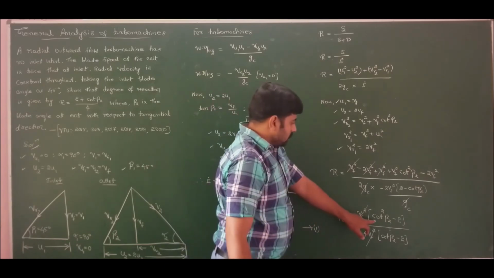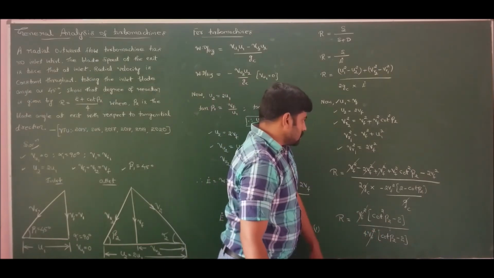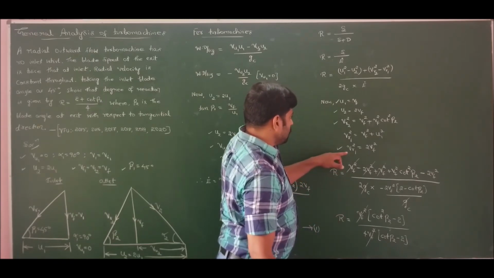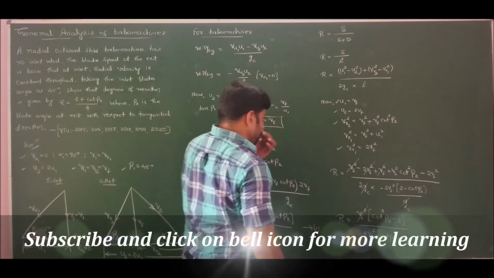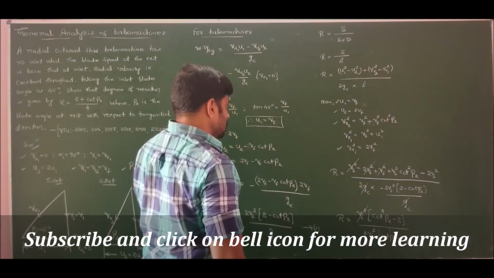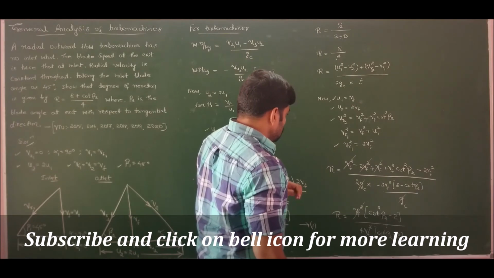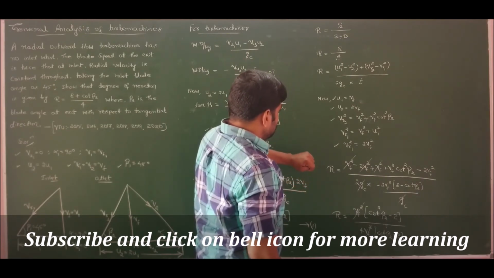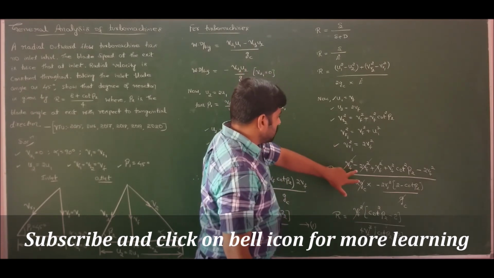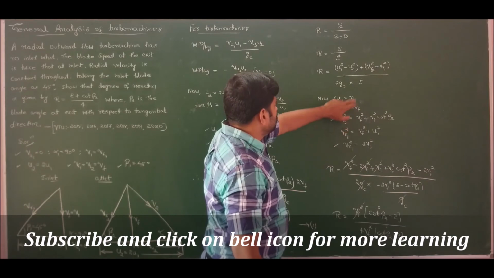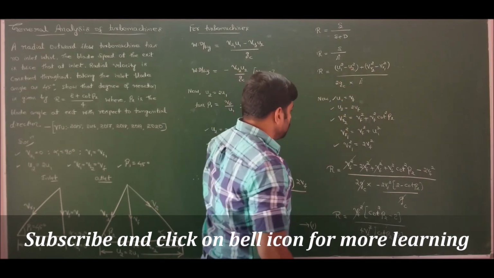So numerator is of the form A square minus B square, right? We have done a mistake here because U2 is 2 VF. So 2 VF whole square it will be.